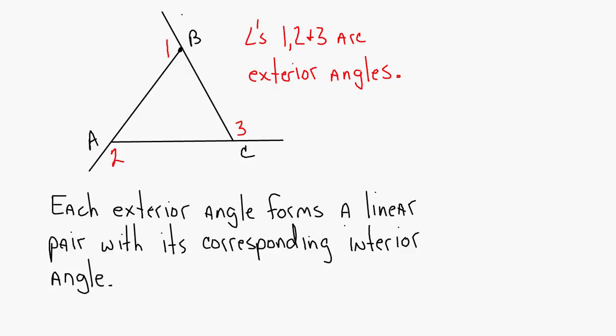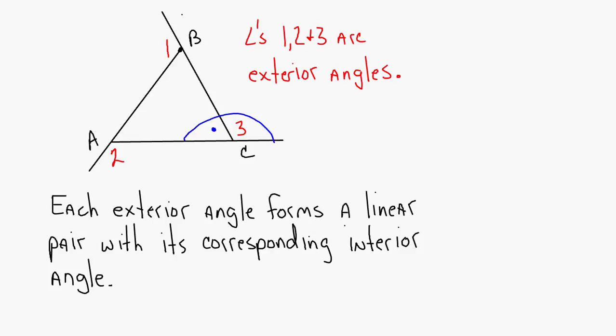What that means is that angle 3 right here is an exterior angle. Its corresponding interior angle is right here. It's the interior angle that's next to it. Well, these two form a linear pair, don't they?